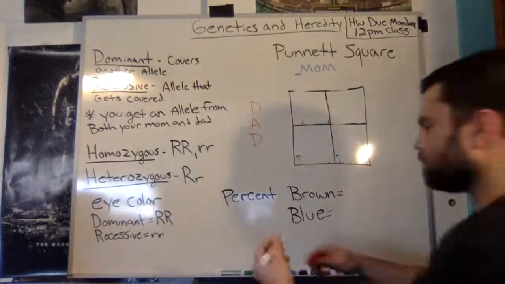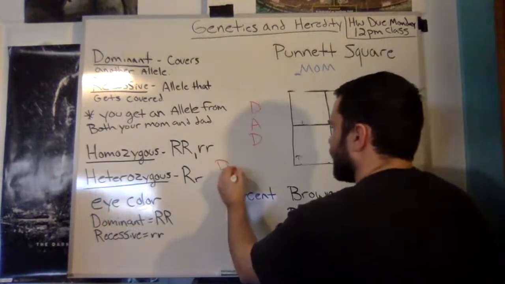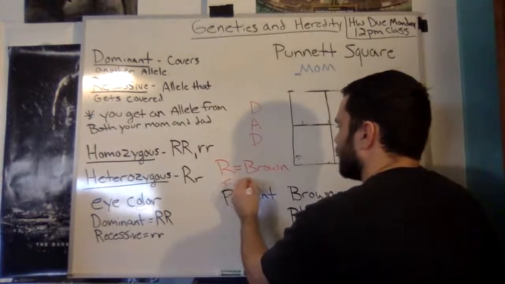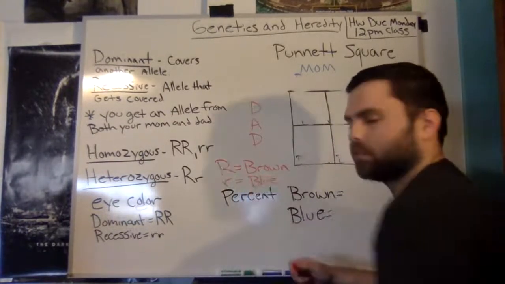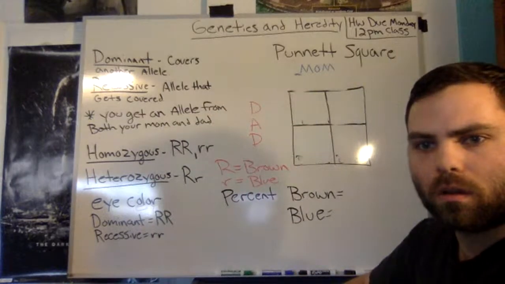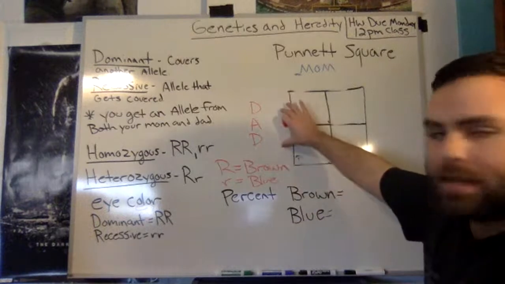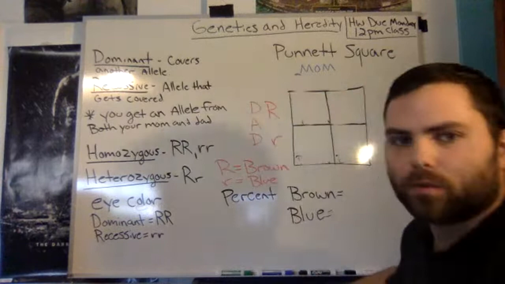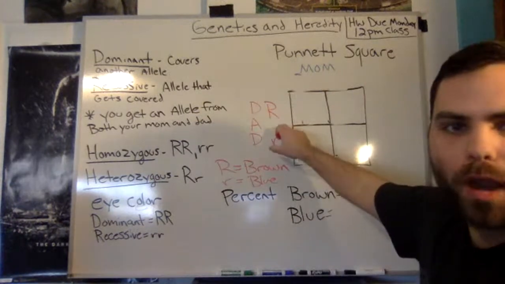Remember, though, if there's any uppercase, you're going to have brown eyes. If you're lowercase, you're going to have blue. Okay? So, if my dad has uppercase and lowercase, like some of you said, that's going to give him brown eyes.